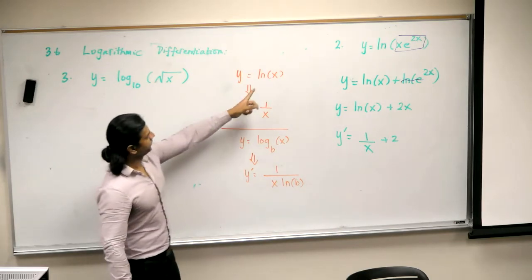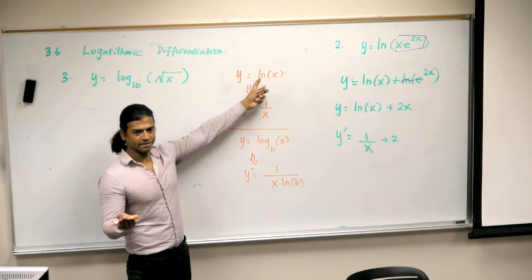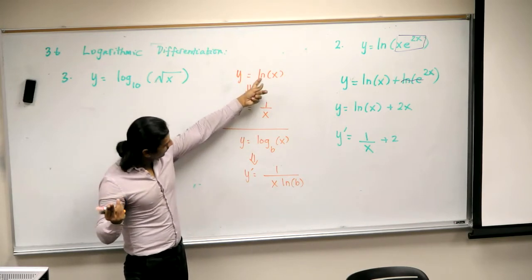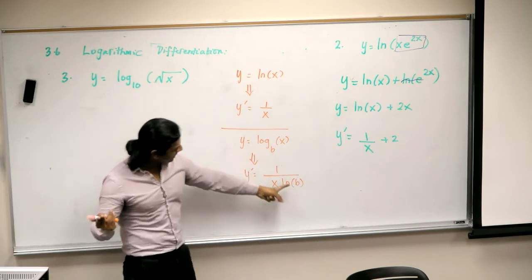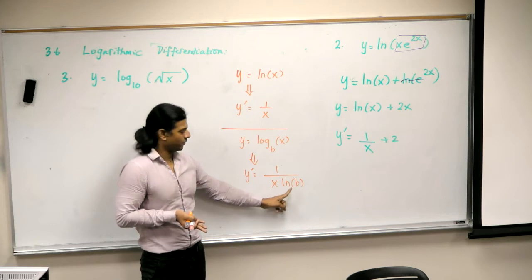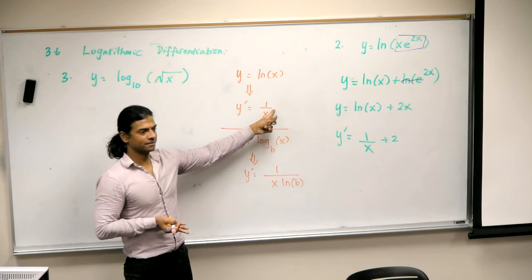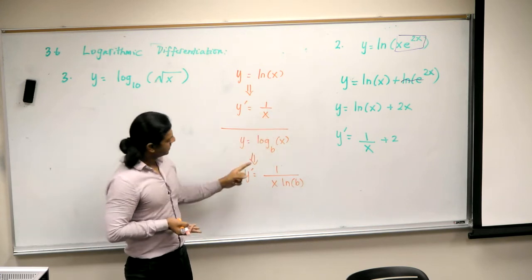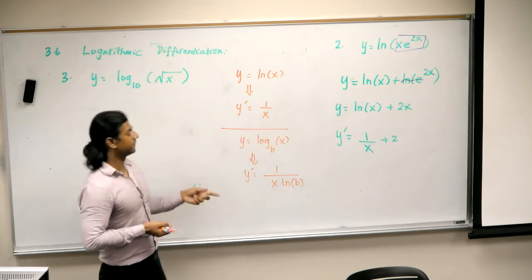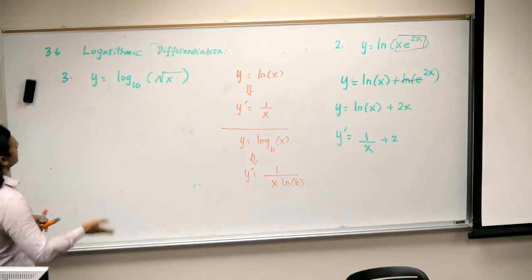Go back to this. ln would mean the base is e, correct? So if I put e there, what is ln of e? It's 1. So you get 1 over x, and you go back to that. Does that make sense? So this is the generic version of the derivative of a log.